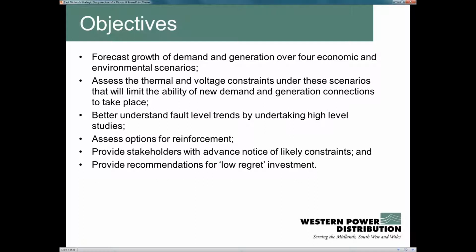This work is also furthered from the other study work by running some high level fault level analysis, and we're able to better understand how those trends are going to be occurring throughout the distribution network and provide some results on those.